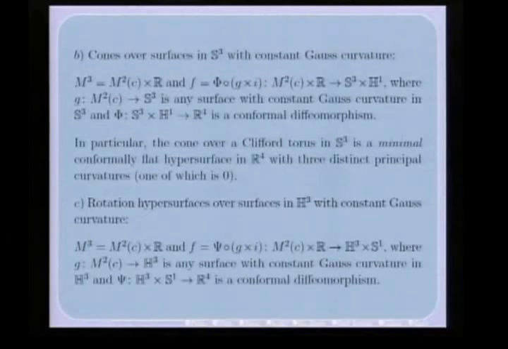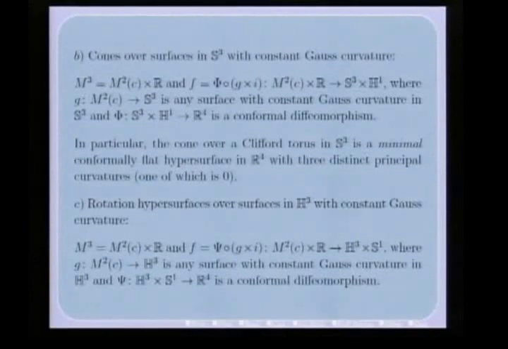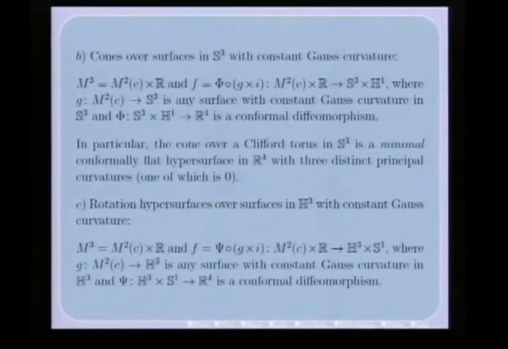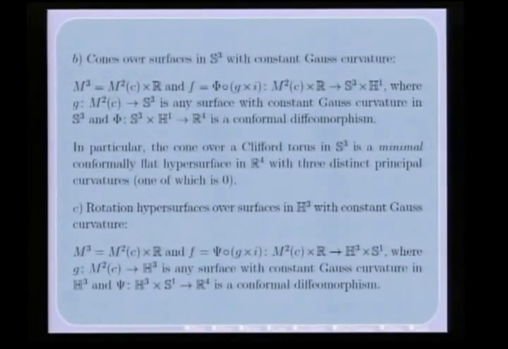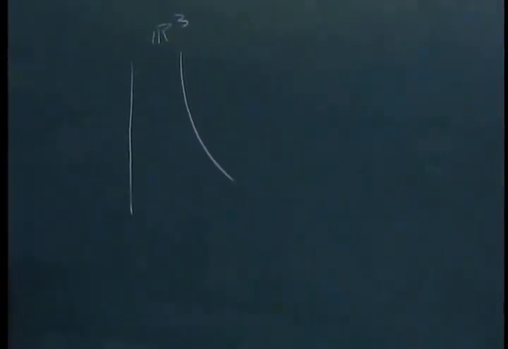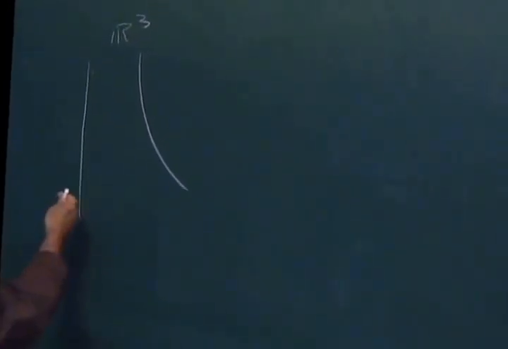As a further example of a conformal product hypersurface, you can take a rotation hypersurface over a surface in H3 with constant Gauss curvature. You construct it like that. You consider a half space in R3 and look at it as the half space model of hyperbolic space.